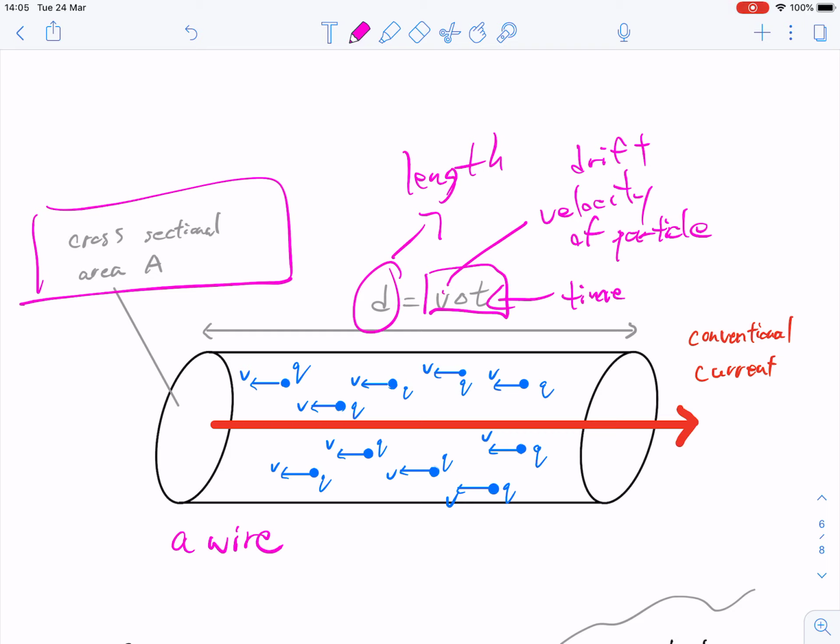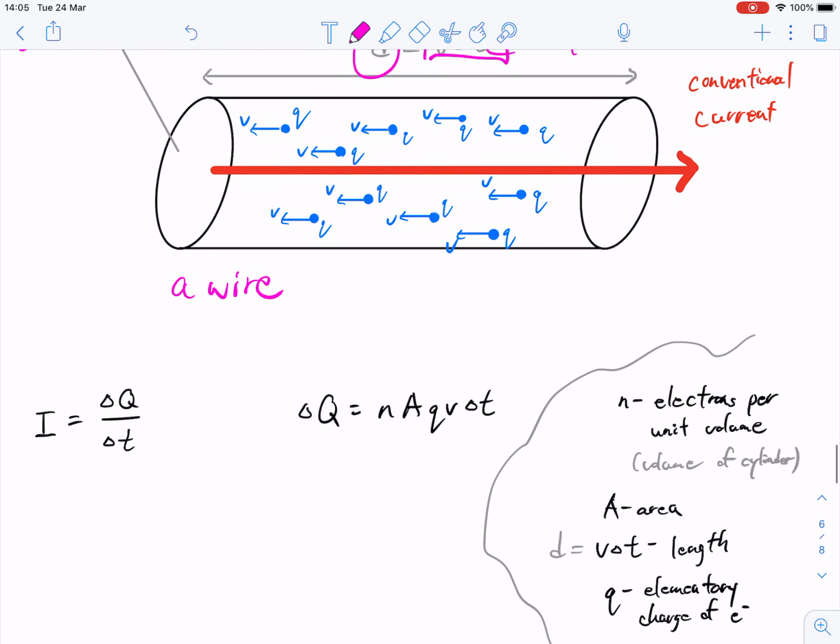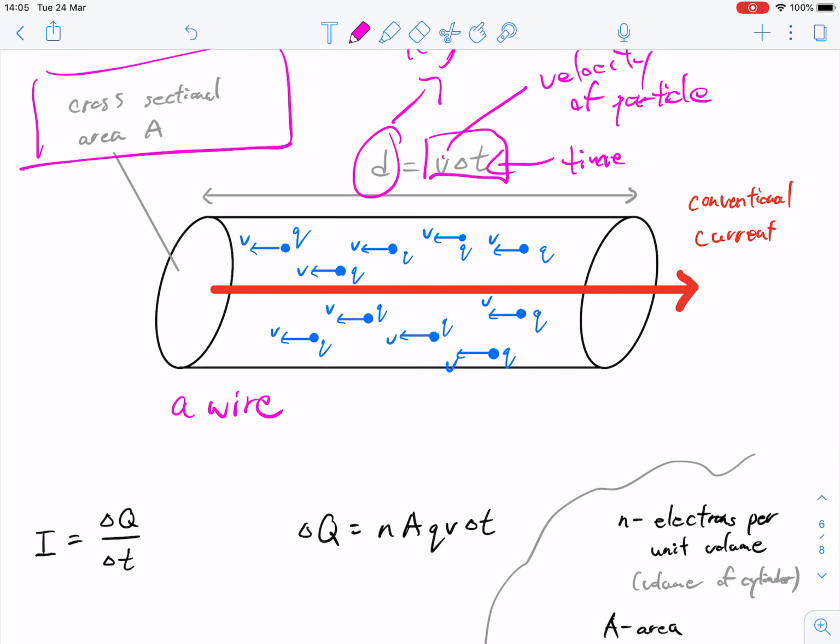So this will form the basis of a formula where we're looking at the number of charges, n, moving through an area or a distance. So altogether, this forms a volume, right? That times that times that. And so that's the magnitude of the charge.